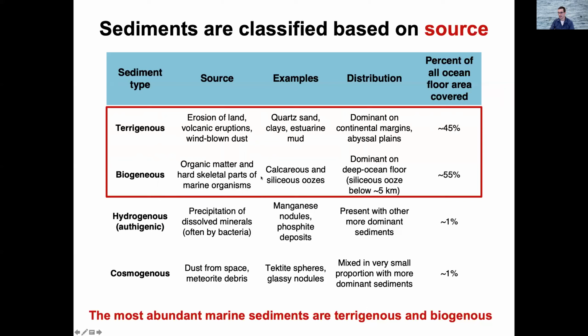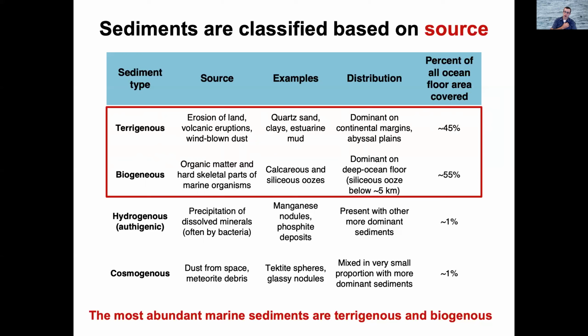As examples, we'll talk more about this later, but calcareous and siliceous oozes are what we call sediments that contain large proportions of either calcium carbonate or silicon dioxide, and these are dominant on the deep ocean floor. There's a depth dependency that we'll talk about more, where you have siliceous oozes below 5 kilometers and calcareous oozes above, but these are deep ocean sediments.